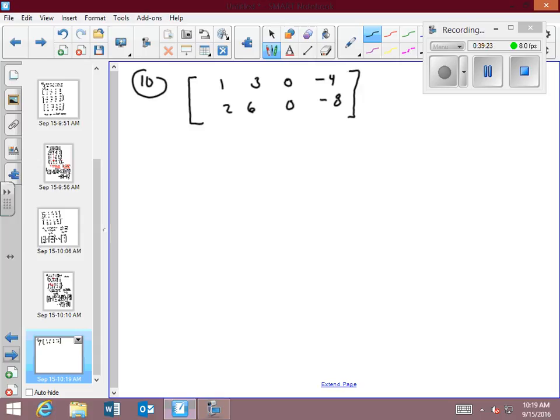Right. Does it help if you put the column of zeros out there and the 2 rows of zeros for you to visualize? Because you understand, this is just the A matrix.